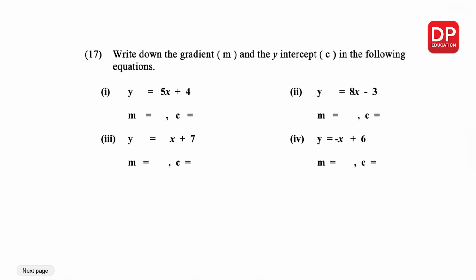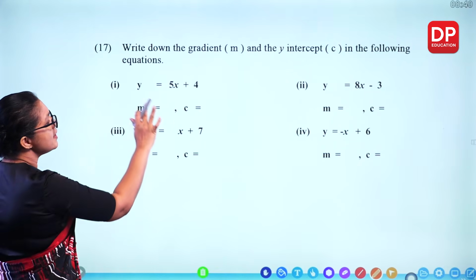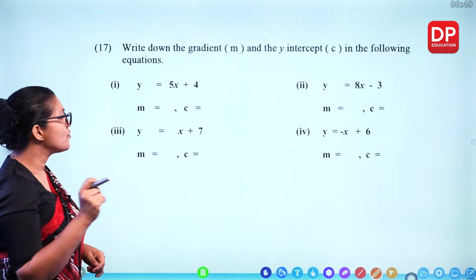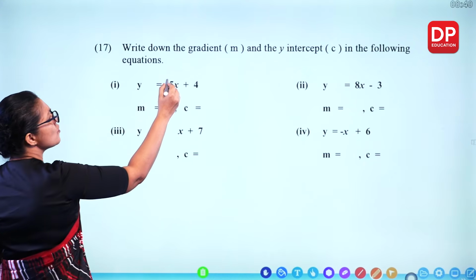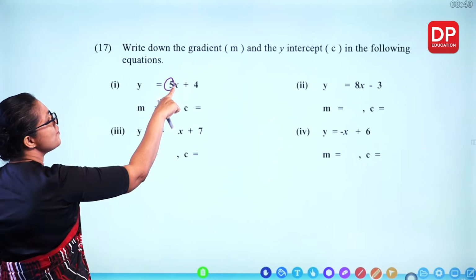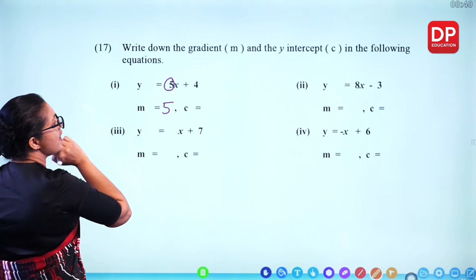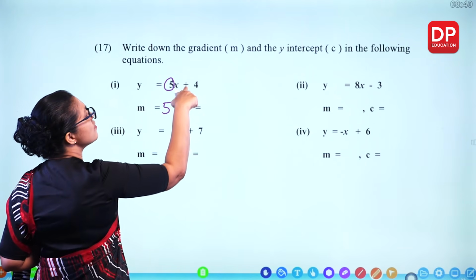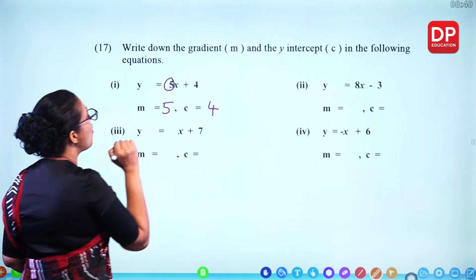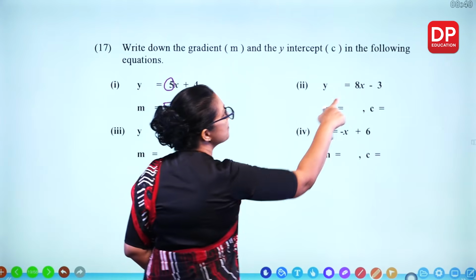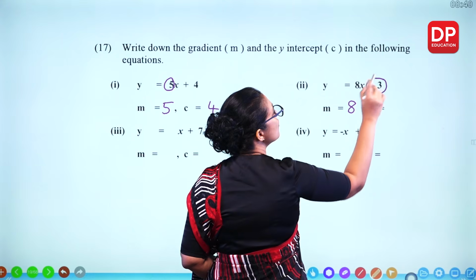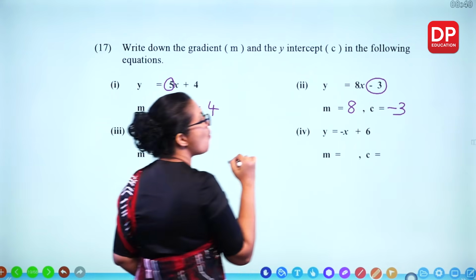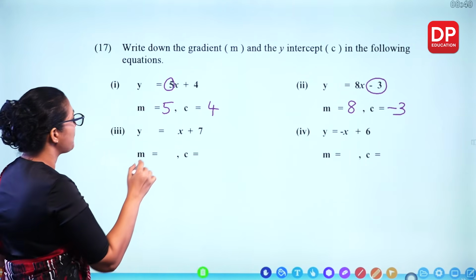Write down the gradient m and the y-intercept in the following. All these functions are written in y equals mx plus c form. So we can easily identify that the coefficient of x is the gradient and the constant term is the y-intercept. Gradient is 8, this value. The constant term is the y-intercept.